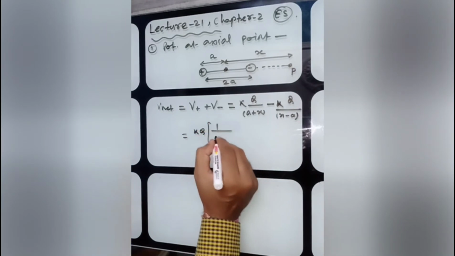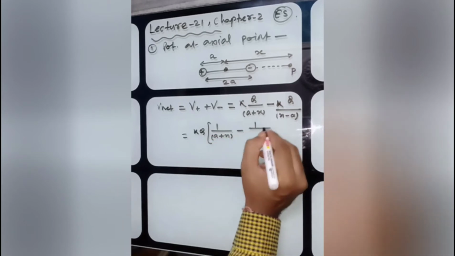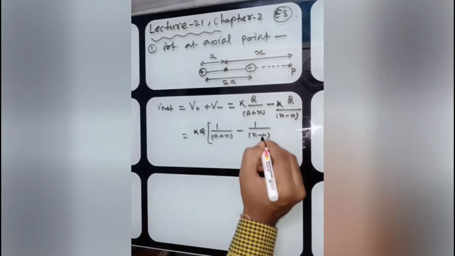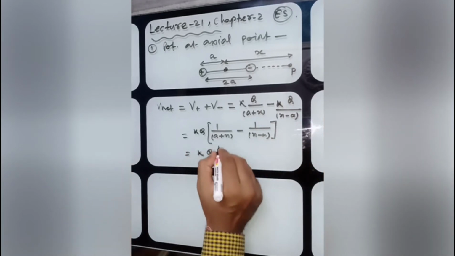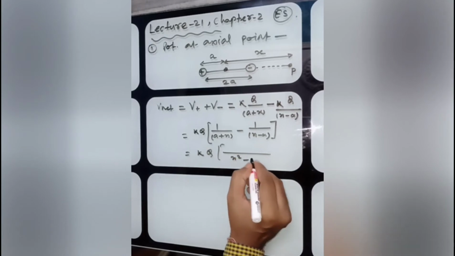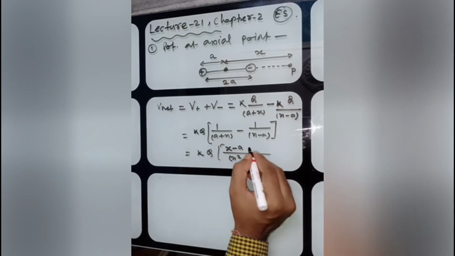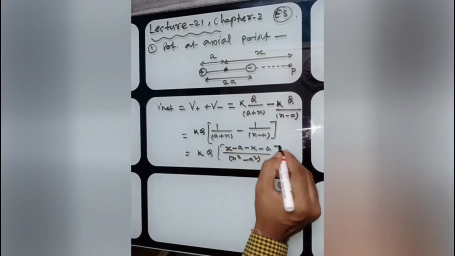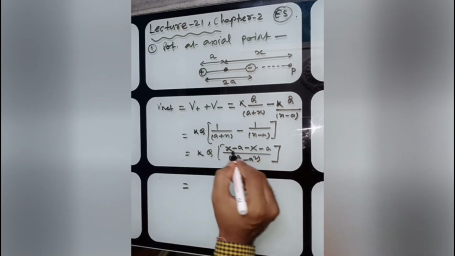1 by a plus x minus 1 by x minus a, times kq. For the LCM, you will take x square minus a square, x minus a minus x minus a, and this x will cancel out.